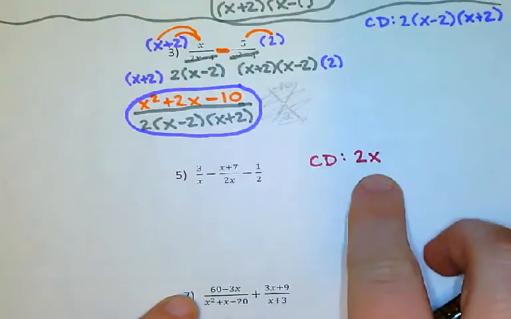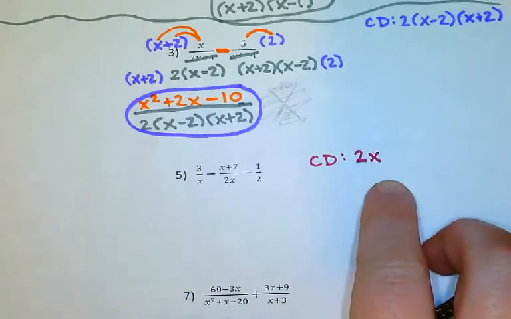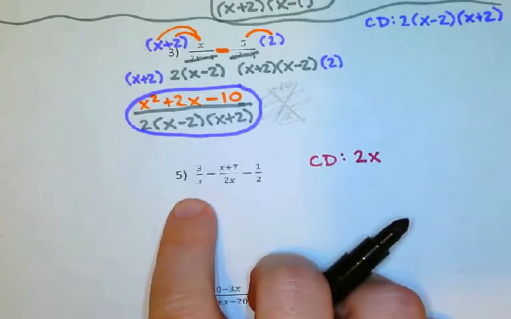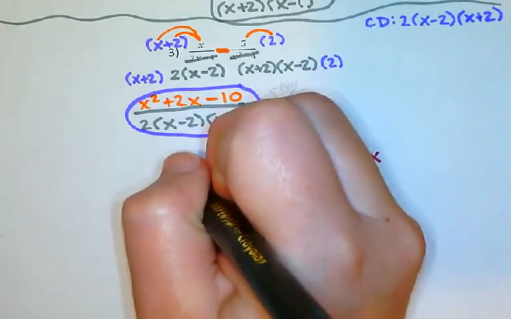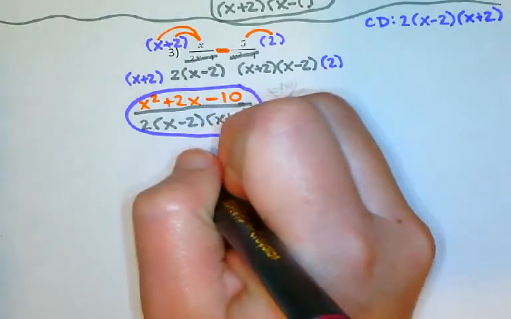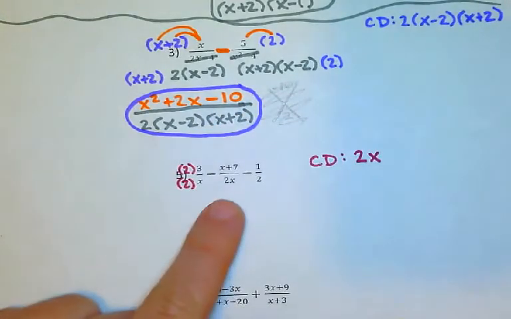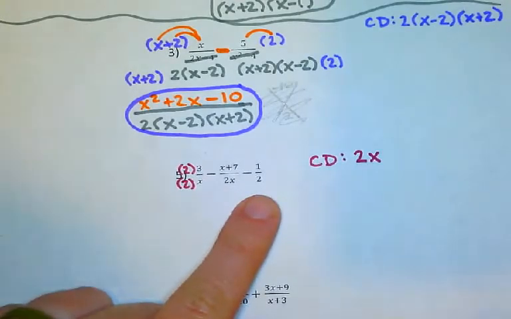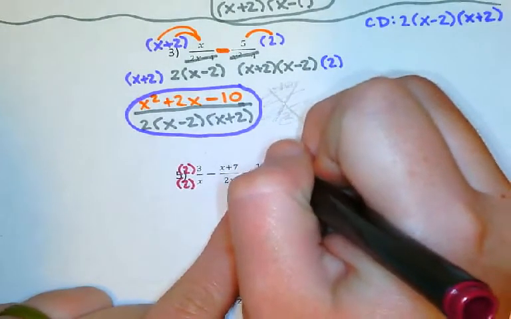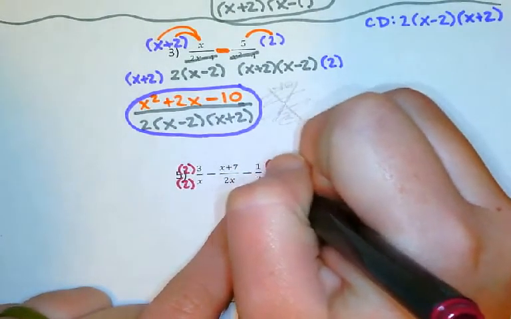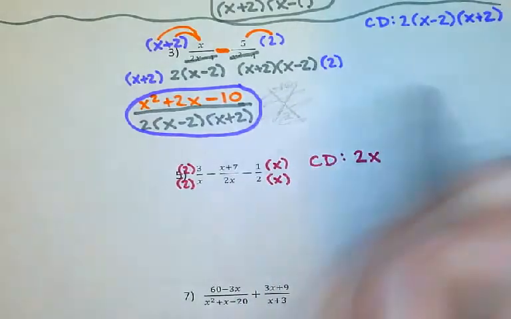So my common denominator is going to be a 2 and an x. What is this first fraction missing? It's missing a 2. So I'm going to multiply both the top and the bottom by the number 2. Is this middle fraction missing anything? No, it's not. It's got 2x already. This last fraction is missing an x, so I'm going to multiply by x on both the top and the bottom on that last fraction.